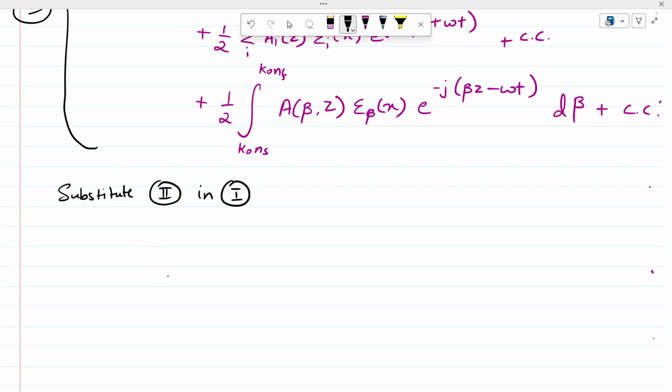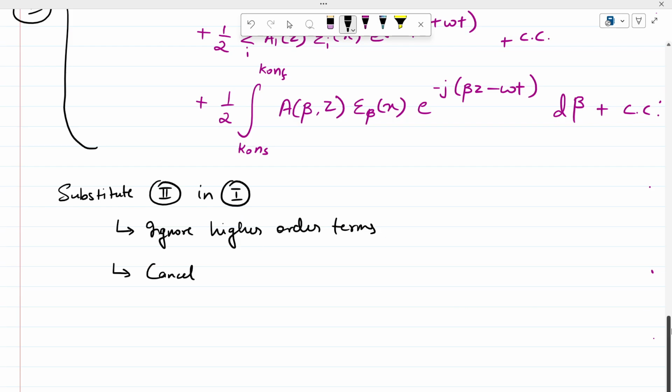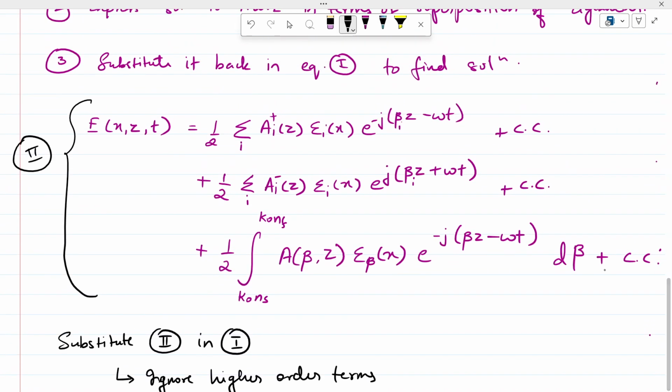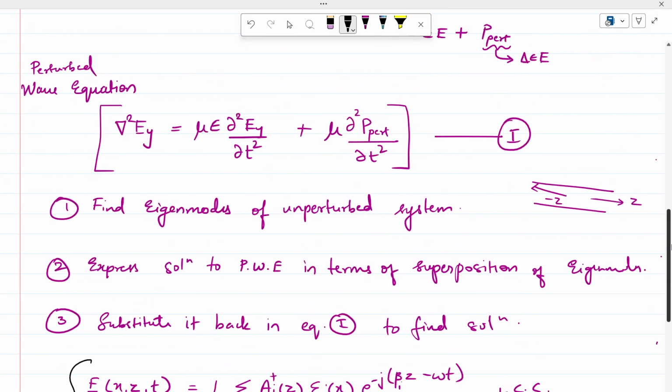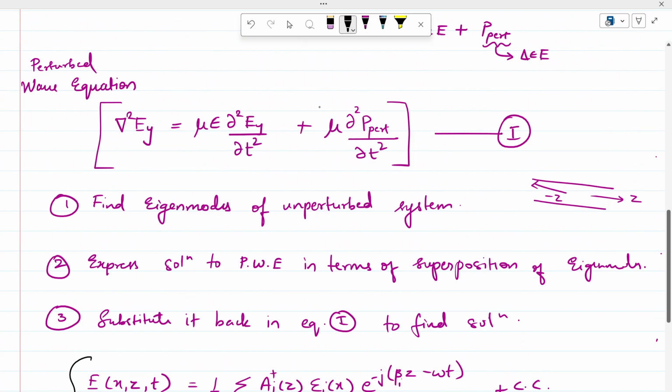If we substitute 2 in 1, we have to assume certain things: ignore higher order terms, and cancel out certain terms based on the wave equation. Most of the terms will get cancelled out, because if you look at these mode profiles, they all satisfy the wave equation in the unperturbed form.